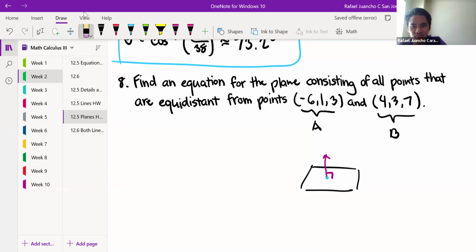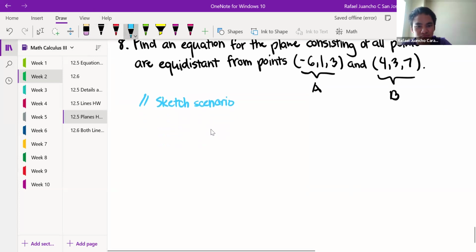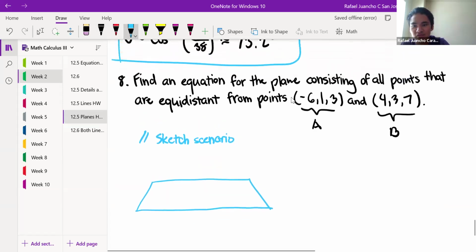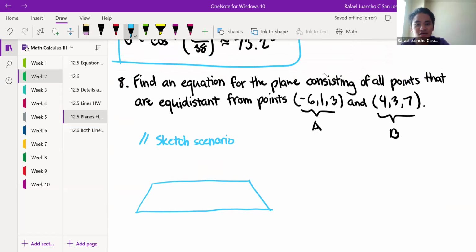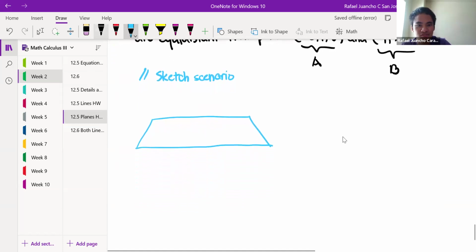Here in this scenario, I'm actually just gonna sketch real quick, just so that it's easier to look at. Here we're given some plane that we don't know. Let's say we're given this plane, and this plane consists of all points that are equally distant from points A, B, right?